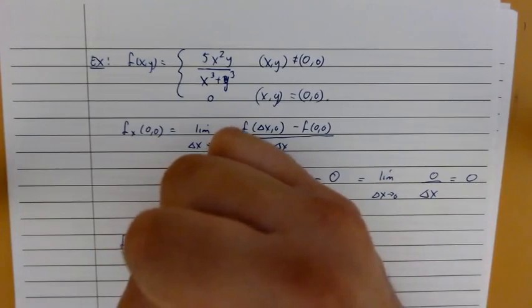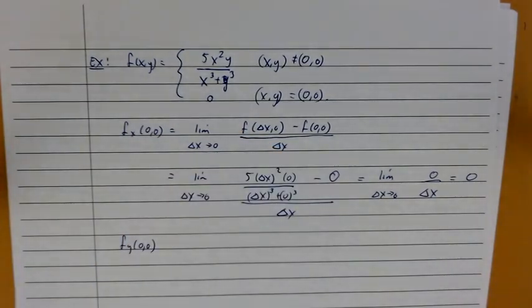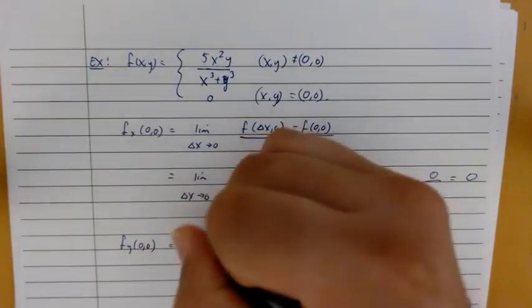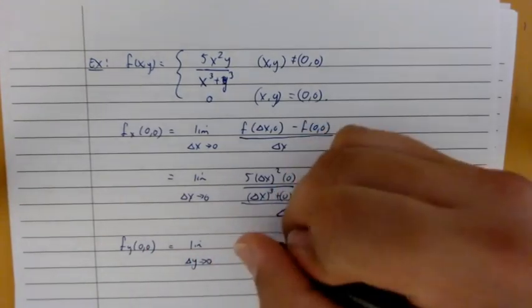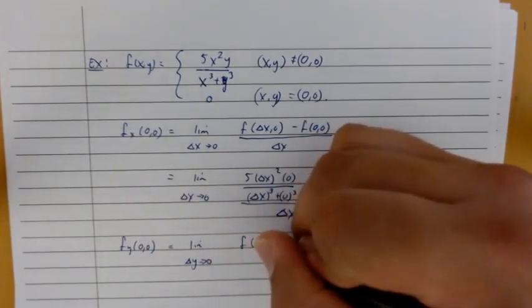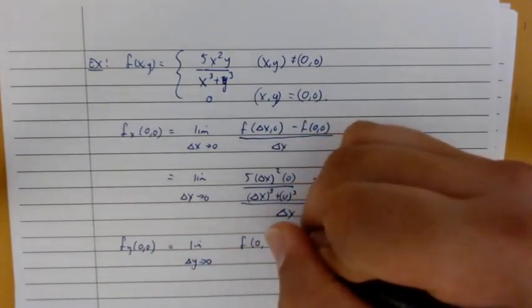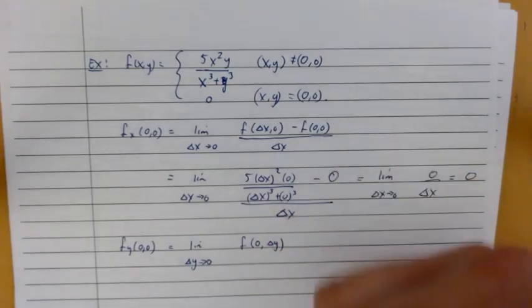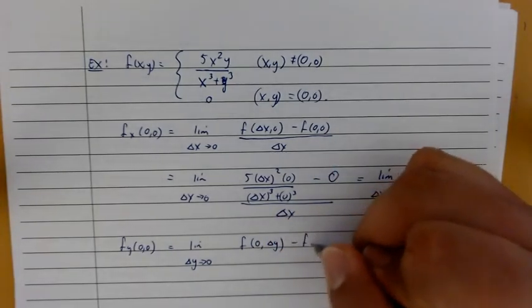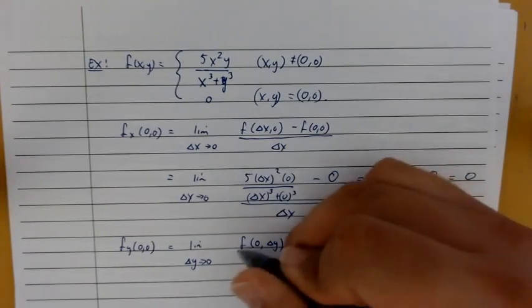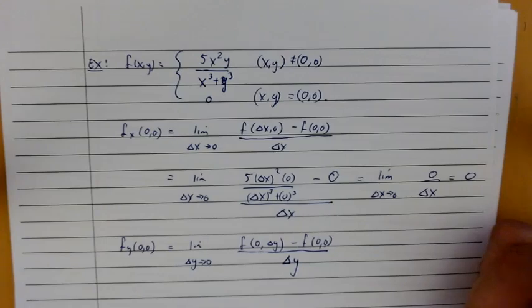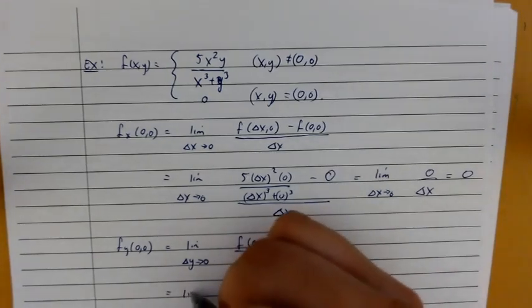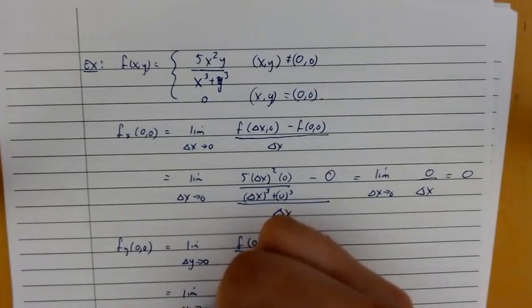And again, we want that at the origin, 0, 0. So that's equal to the limit of delta y approaches 0 of f of 0, 0 plus delta y. So here I'll just write delta y, minus f of 0, 0, over delta y. Okay, let's see what that is. That's going to be the limit as delta y approaches 0.